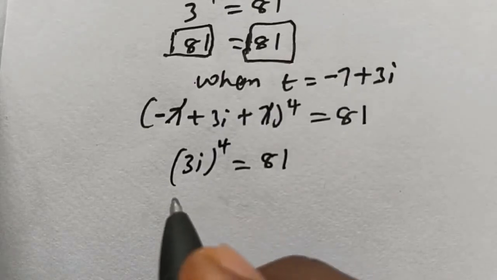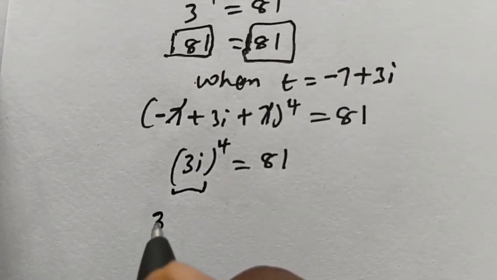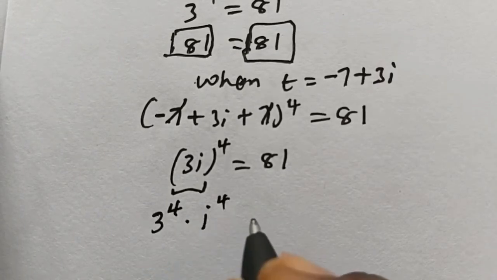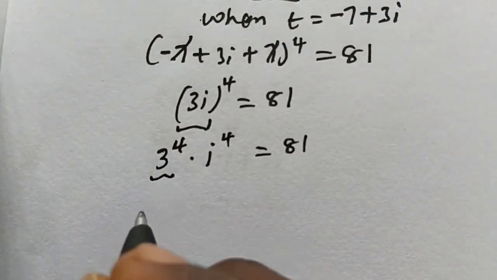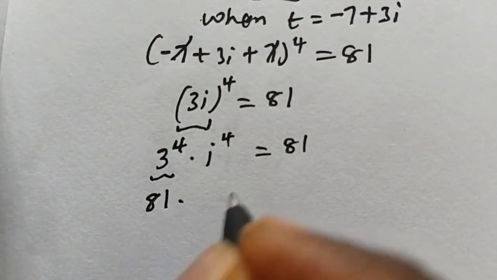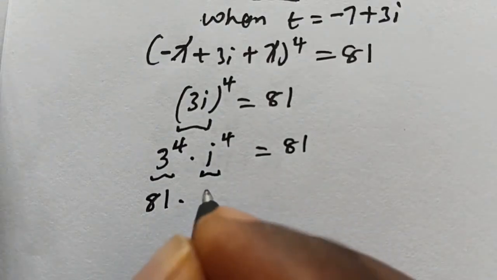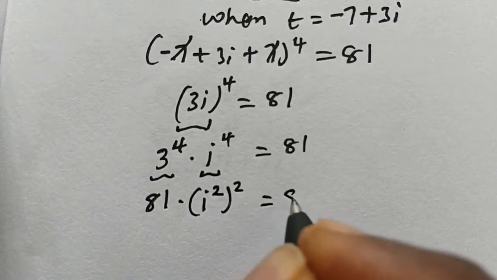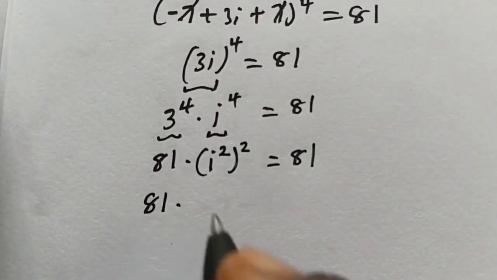Let's continue. This left hand side could be written as 3 to the power of 4 times i to the power of 4 equal to 81. What is 3 to the power of 4? That is 81 times. I can rewrite i to the power of 4 as i square all squared equal to 81. So we have 81 times.